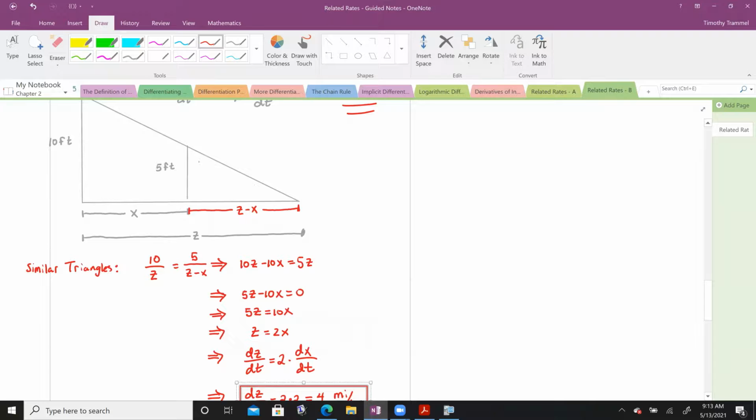Right? The further you go from the light post, the bigger the shadow is going to be. And so I think it's really hard to try to imagine what the length of the shadow would be, or the rate at which the shadow is changing because of that.